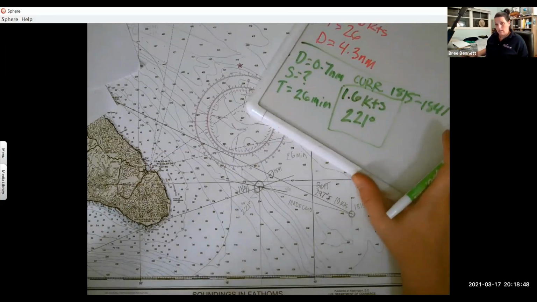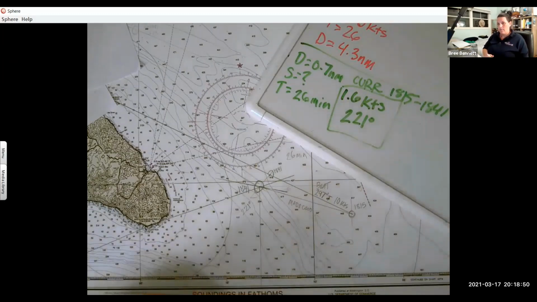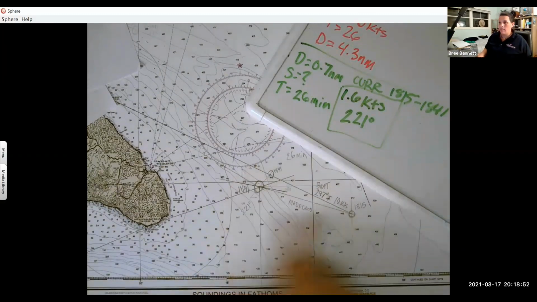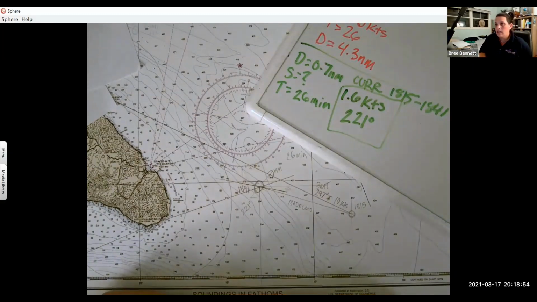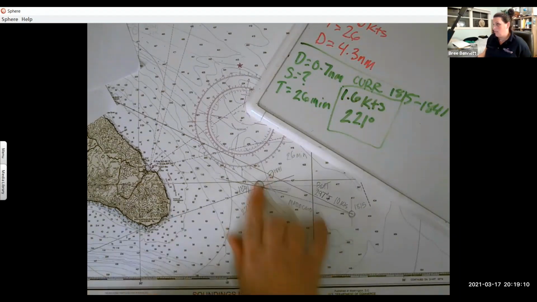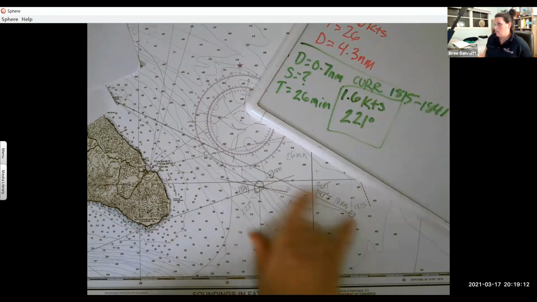Trying to get everything on the screen here. So again, we made our little vector triangle. All right. Any questions with this vector triangle? Okay.